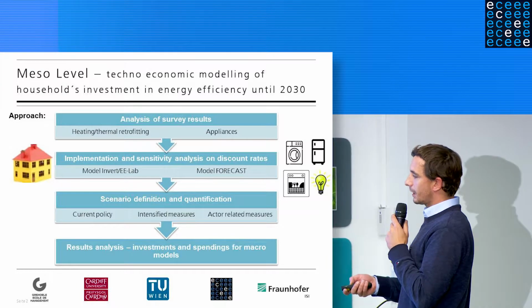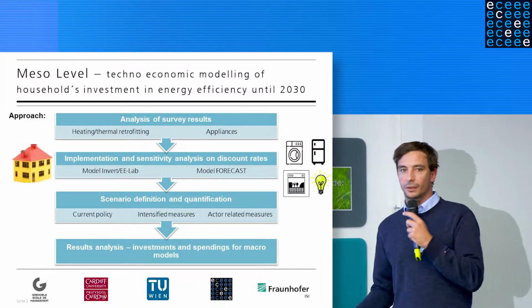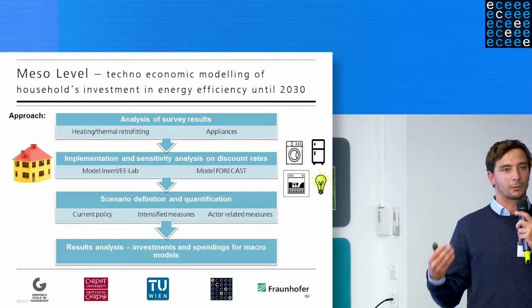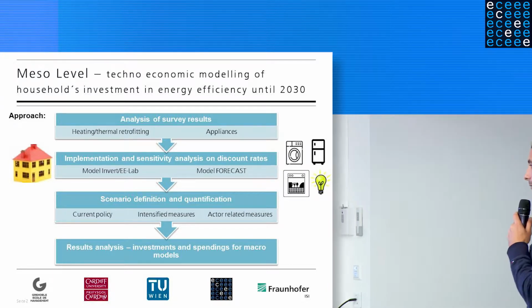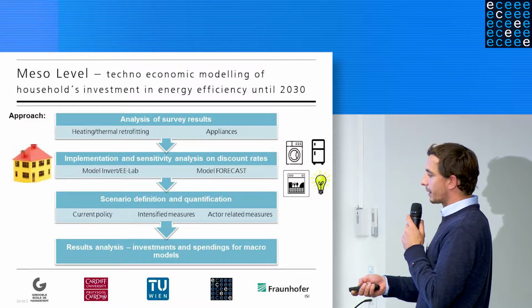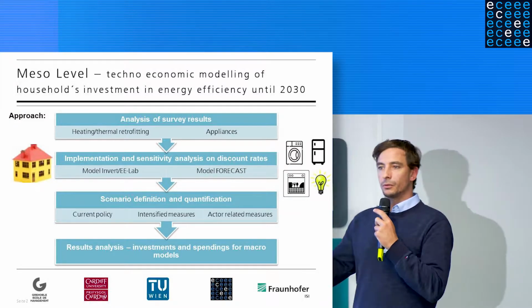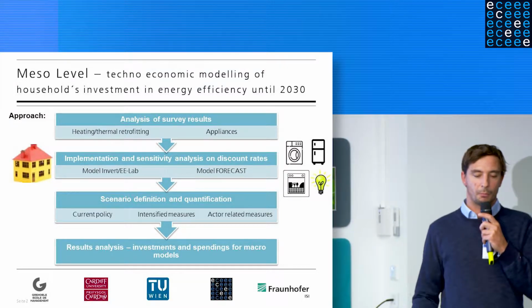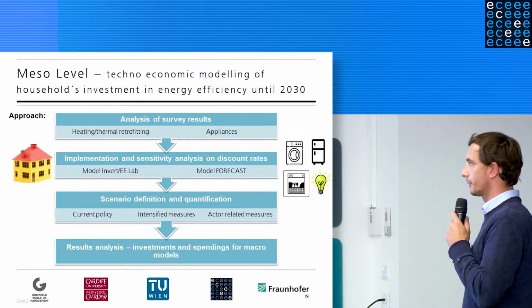And then we did all the analysis of our results, which are fairly detailed. We're only going to present aggregated results. And the results we came up with were then fed into the macroeconomic models, which will be the second part of the presentation.